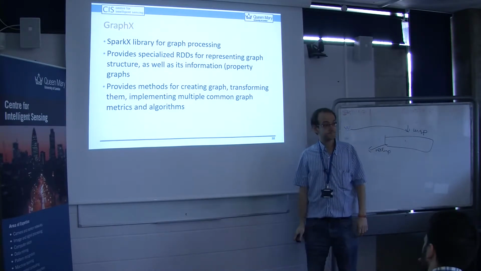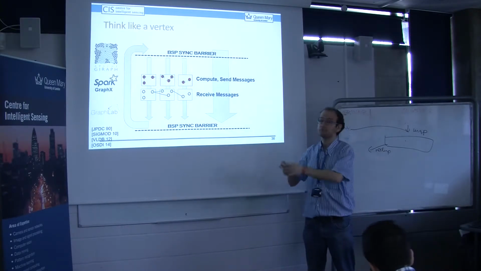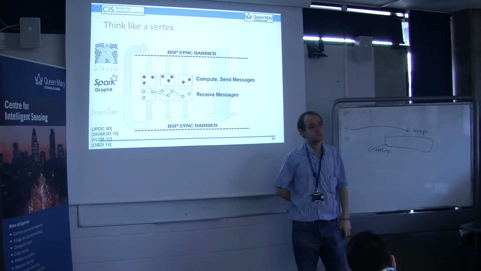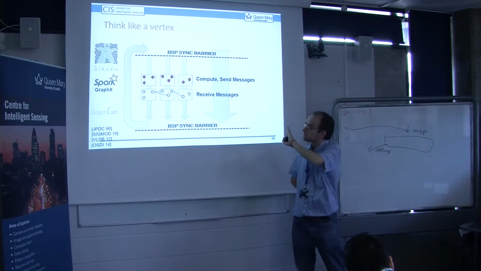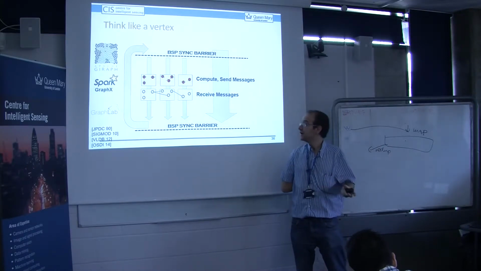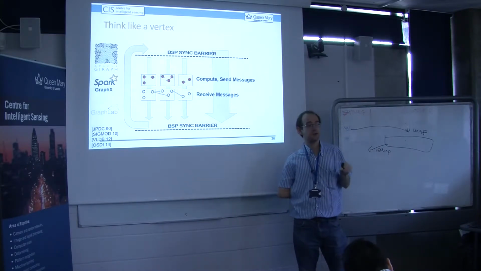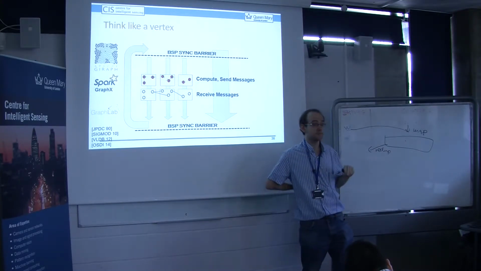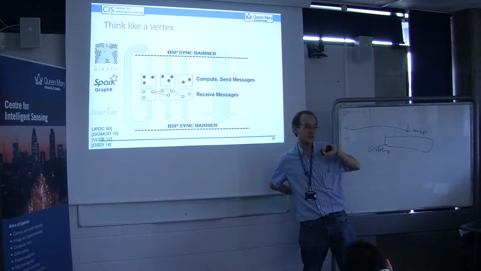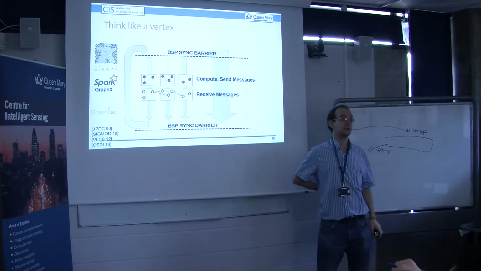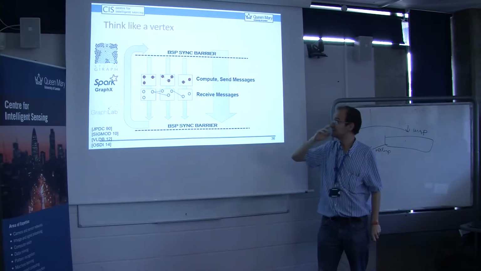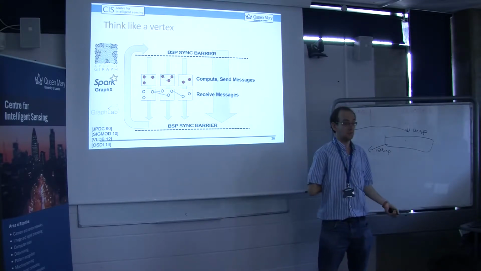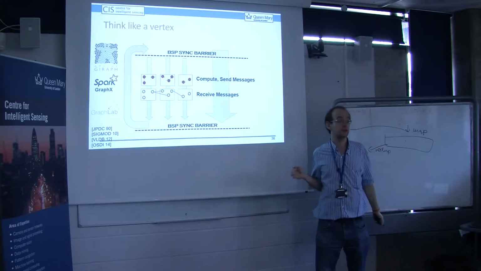Okay, so any question about this idea and this think like a vertex abstraction? This is really the, let's say, the main intuition, the main insight. Now we are going to see what has GraphX done of this, which is a relatively straightforward implementation of that, but this is really the style of computation that you will have to use if you want to express a graph algorithm in parallel.